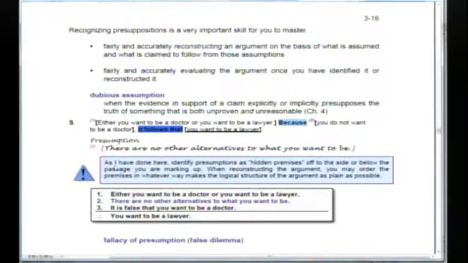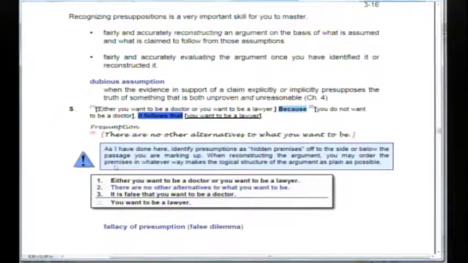And we'll get to this here in a few minutes, that again, not every assumption is a bad thing. Dubious assumptions, however, always are. And there are various ways in which an assumption can be made dubious. So we'll get to those when we get to chapter 4.